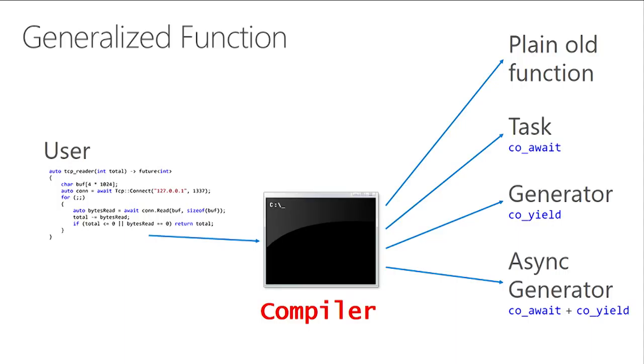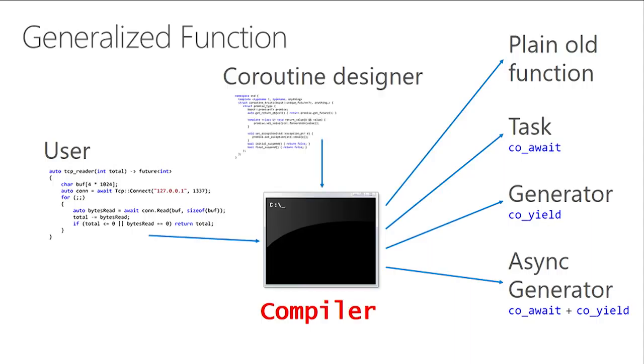And one would say, well, the C++ language is already very complicated. So you're adding all of that complexity. Now the compiler has to be aware of tasks, generators, and other stuff. No, the compiler does not care. The approach we took is that the semantic of the coroutine is fully defined by the library.